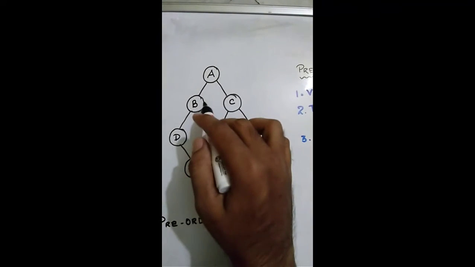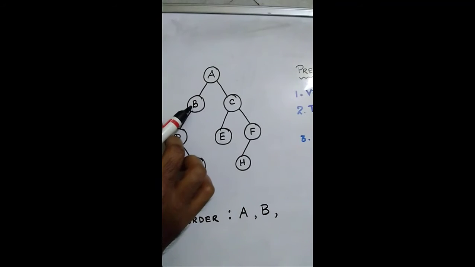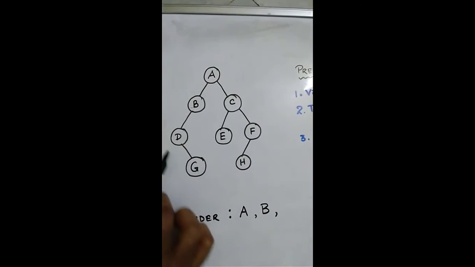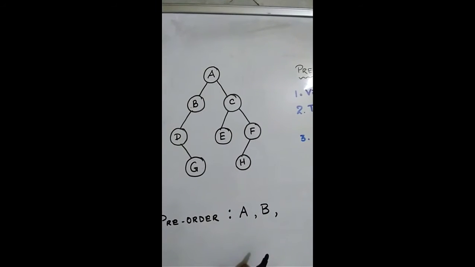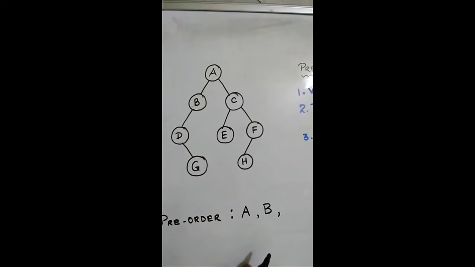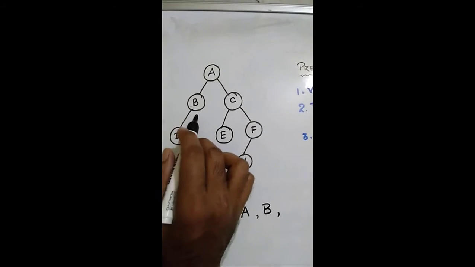In case of the left subtree, B itself is the root for the left subtree. So obviously we will visit the root and print it.